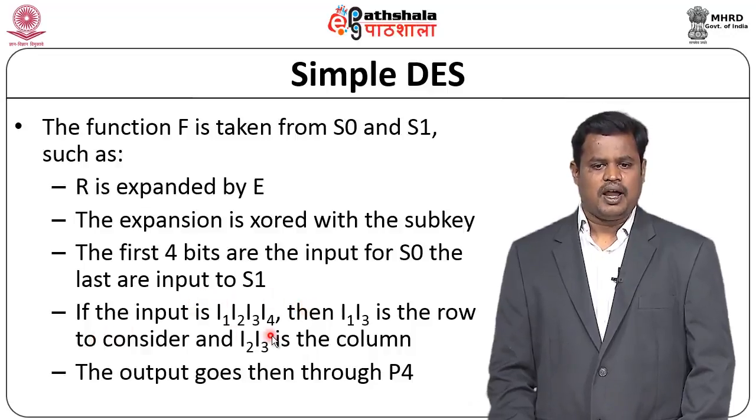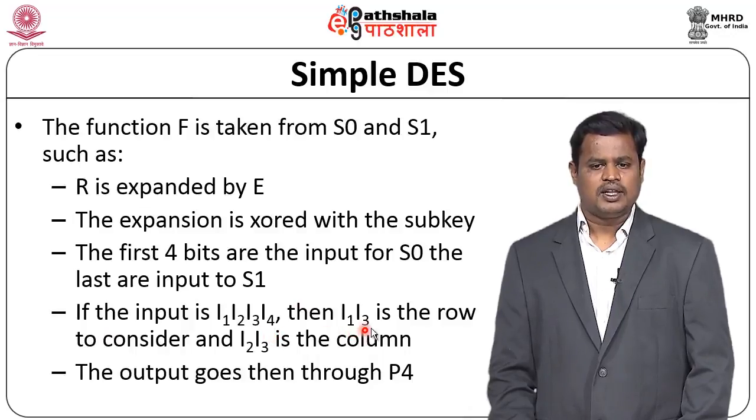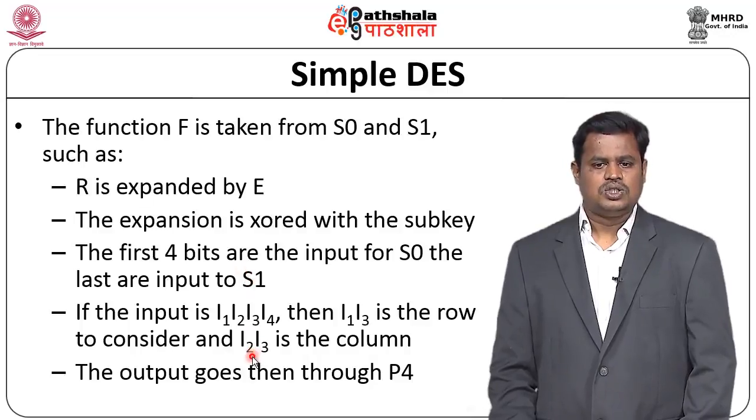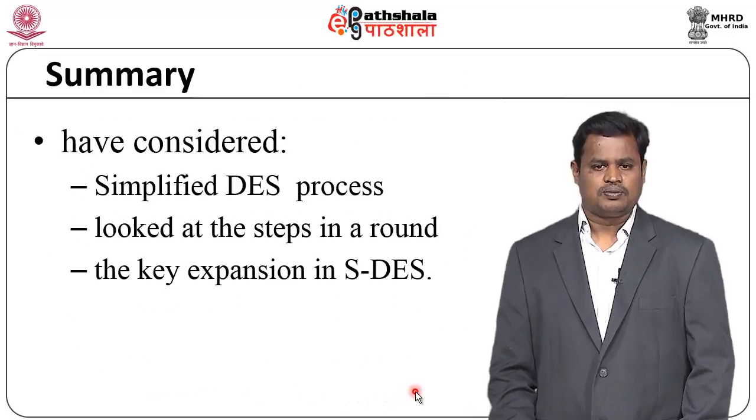For the input I1, I2, I3, I4, I1 and I4, that is the first and last bit, give the row value for looking into the S-box, and the middle 2 bits, I2 and I3, give the column value, where the output goes to the P4.